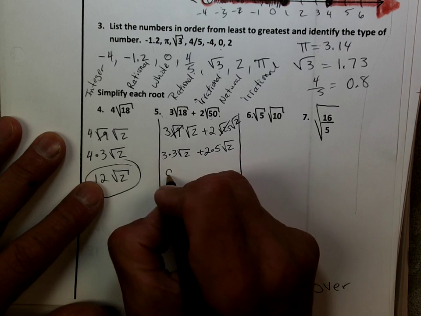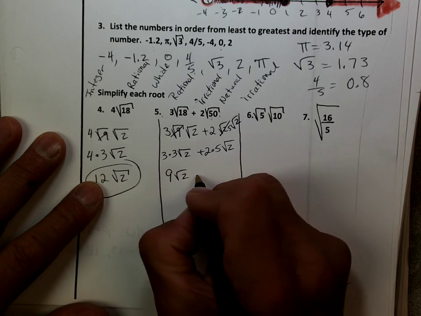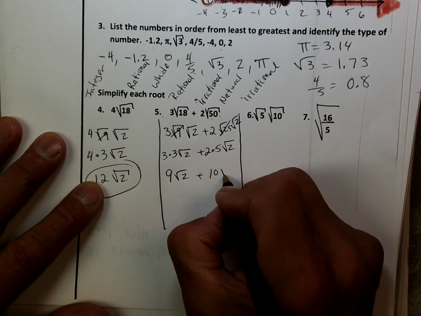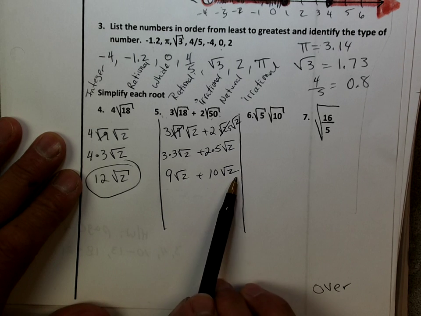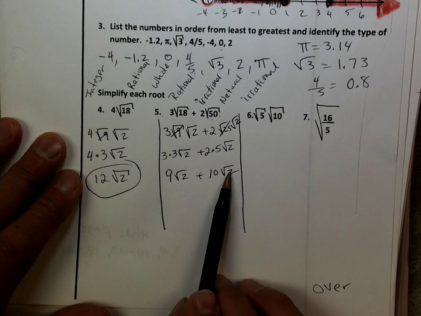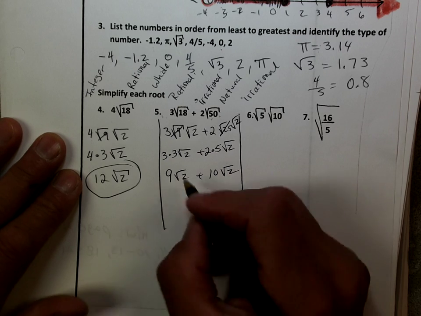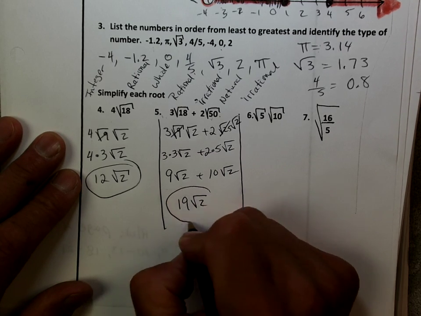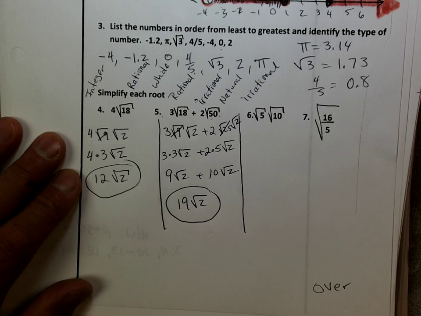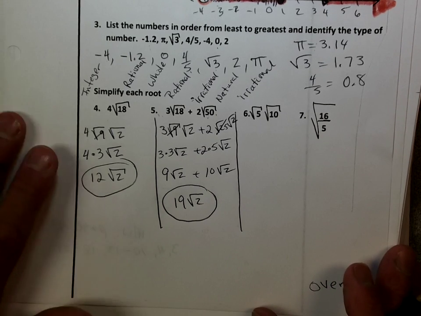It's 9 square root of 2 plus 10 square root of 2. Now we can add them. We've made it so they're both the same root. 9 of these plus 10 of these makes a total of 19 square roots of 2. Okay. How am I doing? Okay?